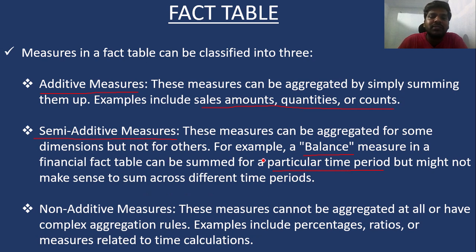Non-additive measures cannot be aggregated at all or have complex aggregation rules. For example, percentages, ratios, and other measures related to time calculations cannot be aggregated.